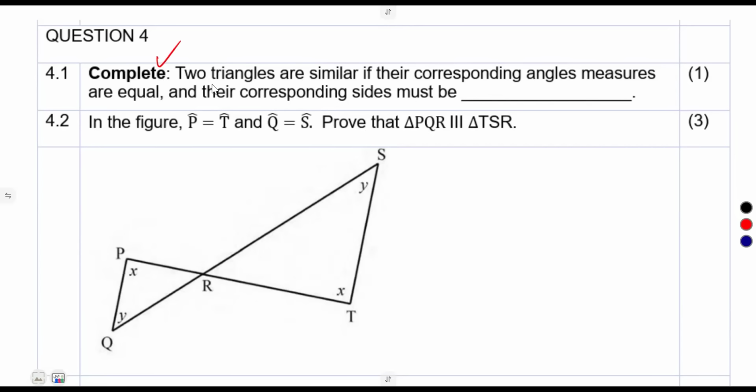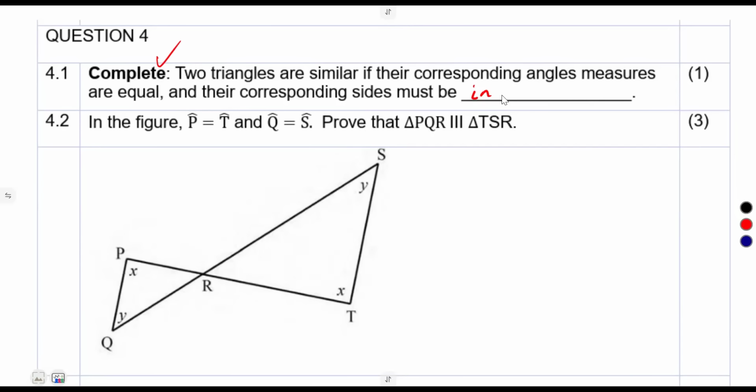Complete question number 4. Two triangles are similar if their corresponding angle measures are equal and their corresponding sides must be in a ratio.